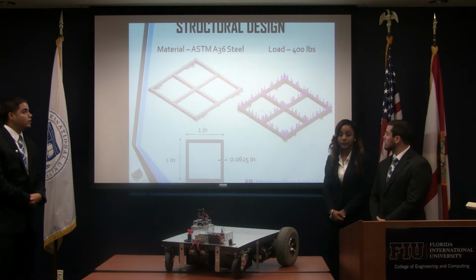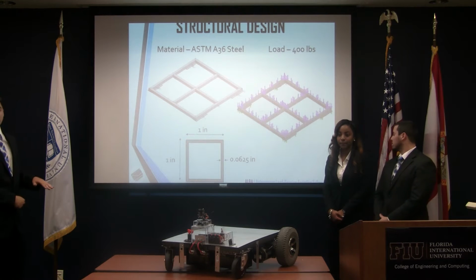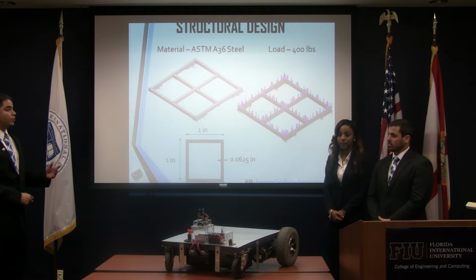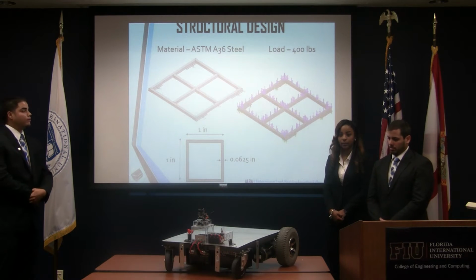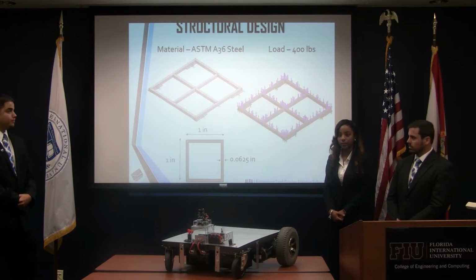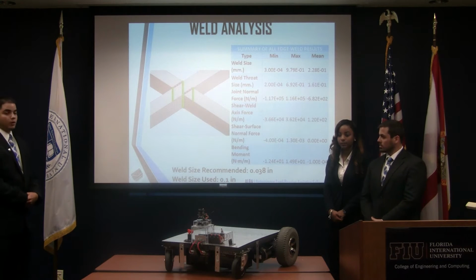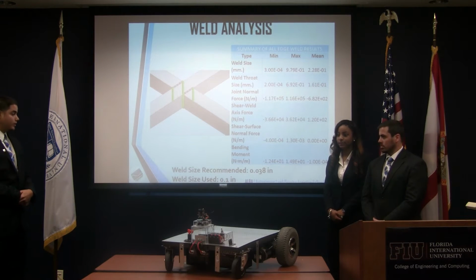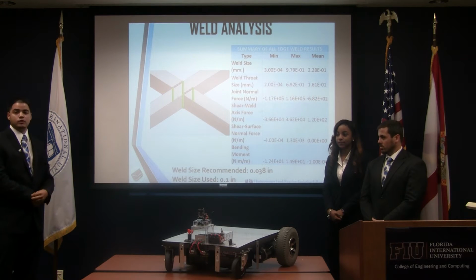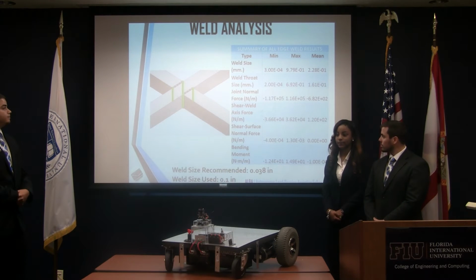We applied the load of 400 pounds evenly on the top of the structure with the fixtures at the mounting plates, which were fixed in the Z direction only. We did a welding analysis, and it gave us a recommended weld sizing of 0.038 inches, but we went with a 0.1 inch to make it safe.